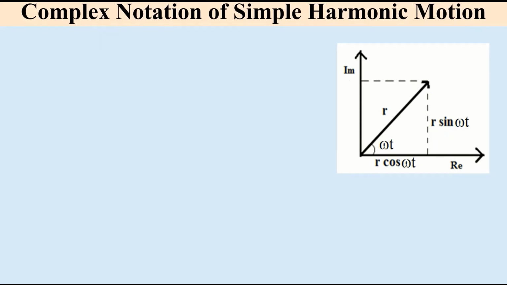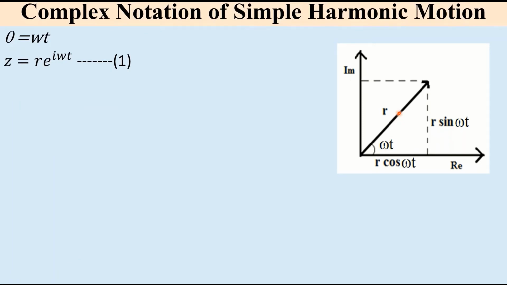In case theta changes with time, then theta is replaced by omega t, that is theta is equal to omega t. So the Argand representation will be as shown in the figure. The arrow having magnitude r rotates about the origin with the angular velocity omega. So therefore z is equal to r into e to the power i omega t.